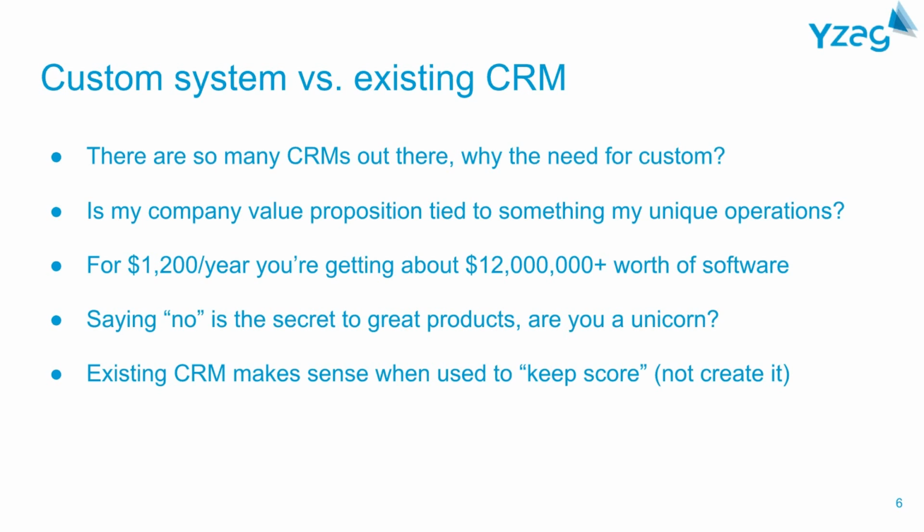Software that actually creates the score, that actually creates part of the process, that has an intrinsic value in terms of your complete process, is probably something that a CRM is not going to help you with. So, for example, Uber. Uber is not a taxi company that happens to have some systems.